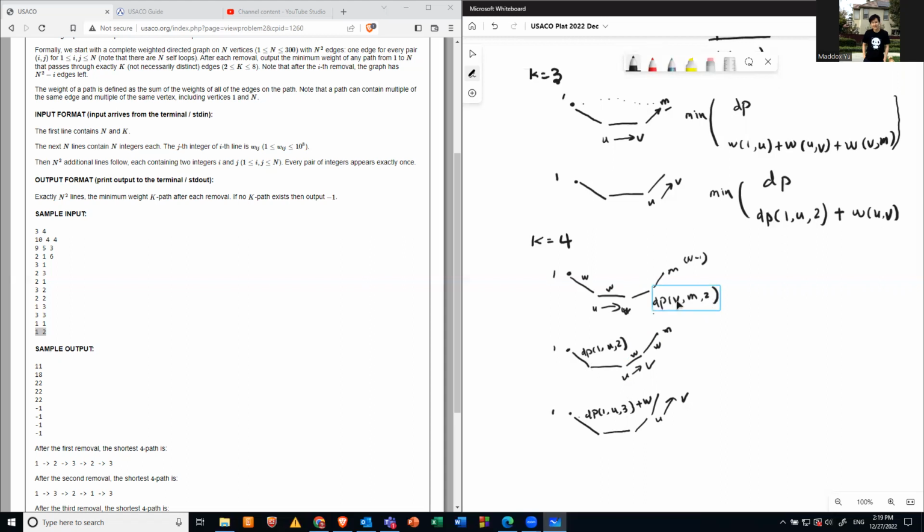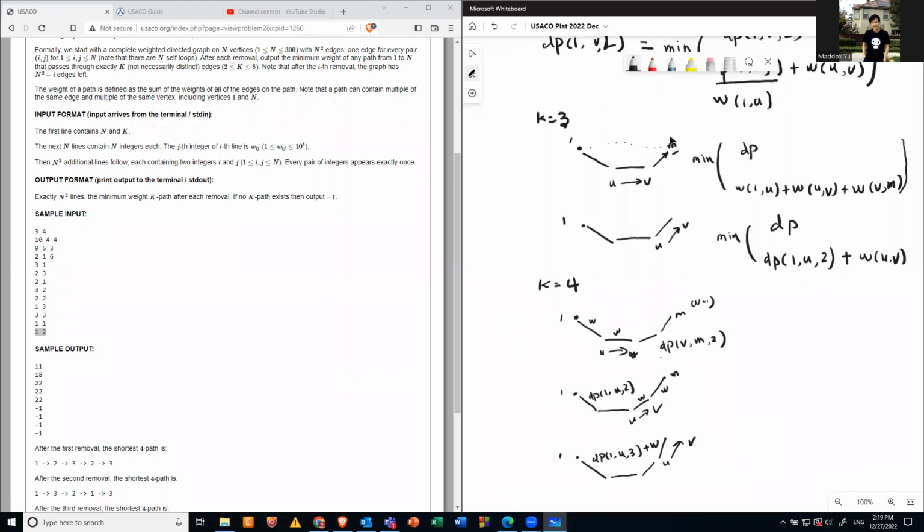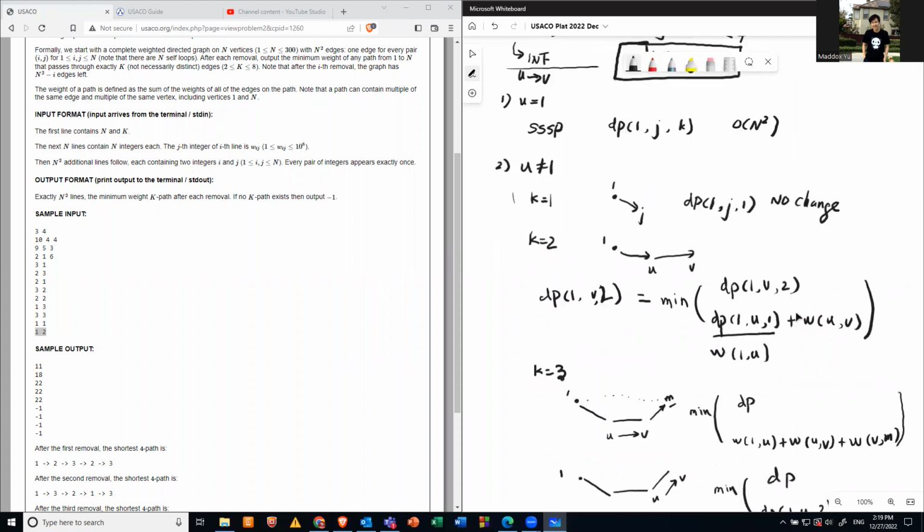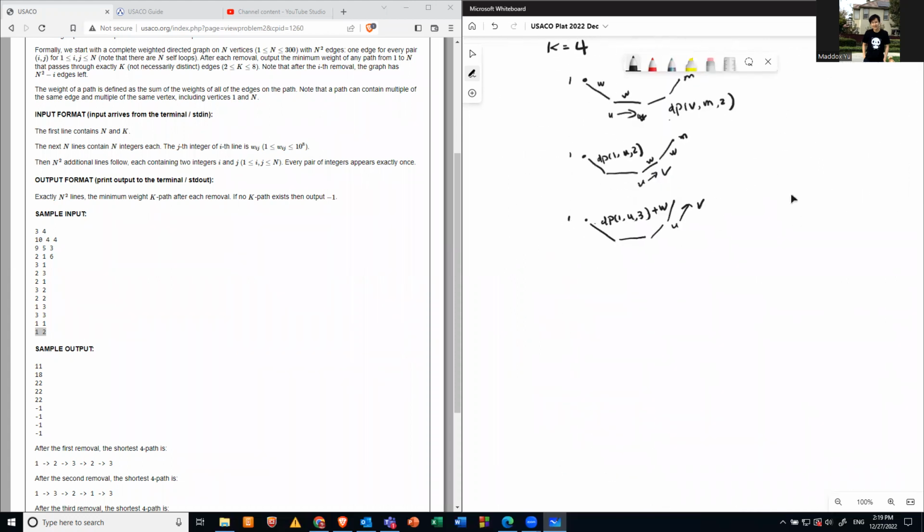I did not use i to j, I mean, if i is not 1, of weight 3 or 4, right? So instead of calculating all those dp of i, j, k, I actually only need to calculate 2 cases. One is dp of from 1 to, let's say, j with k less than or equal to 4.